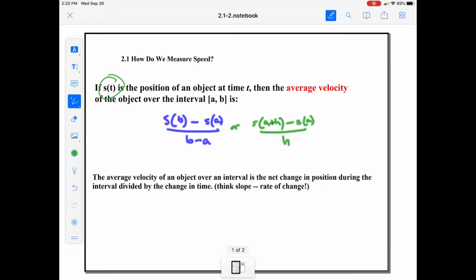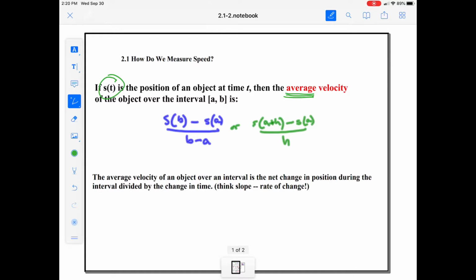So if we are asked, and this is a key word right here, what the average velocity is over a closed interval, I hope you're seeing it's a rate of change, right?